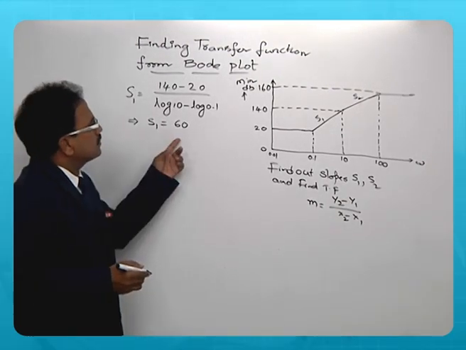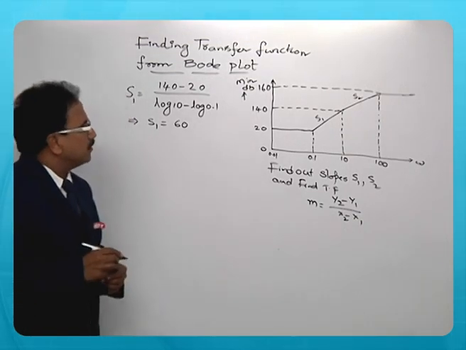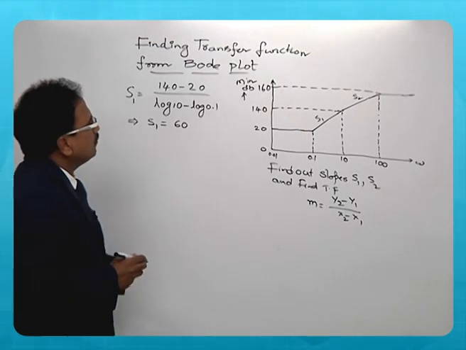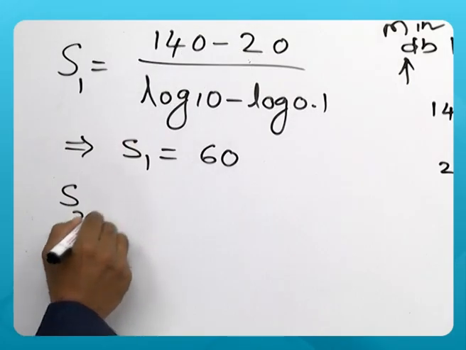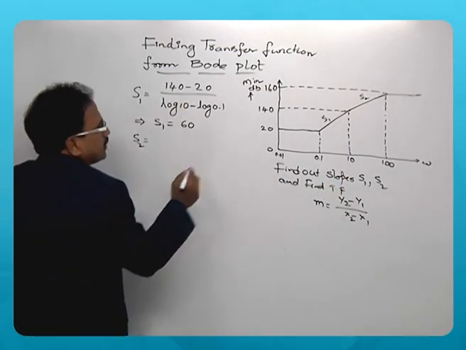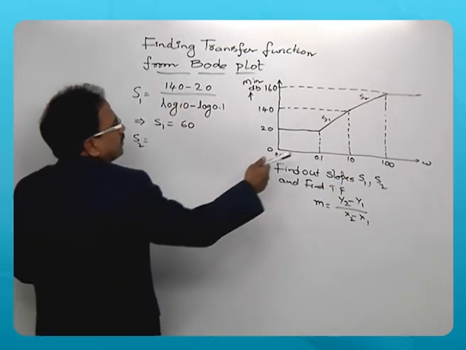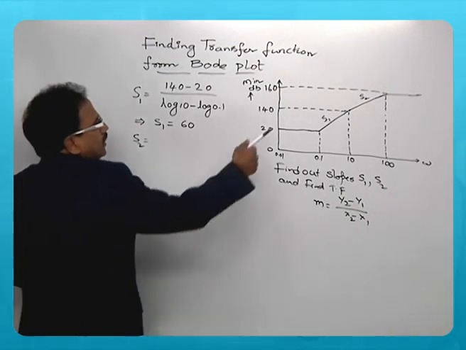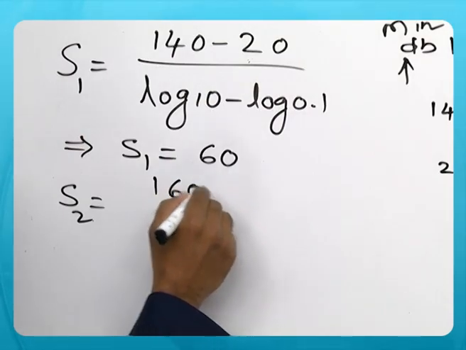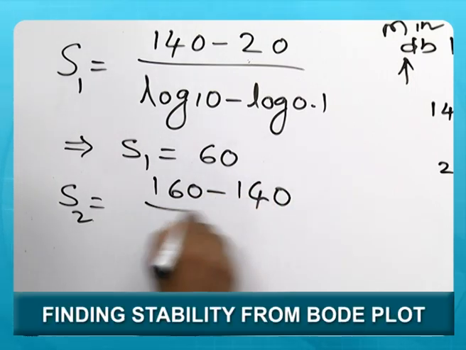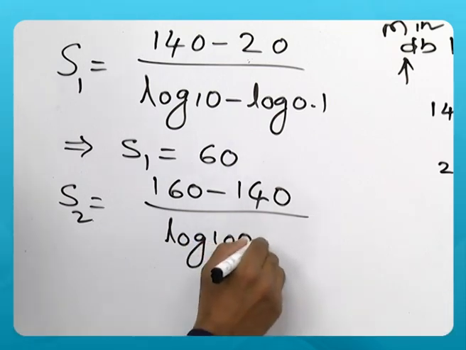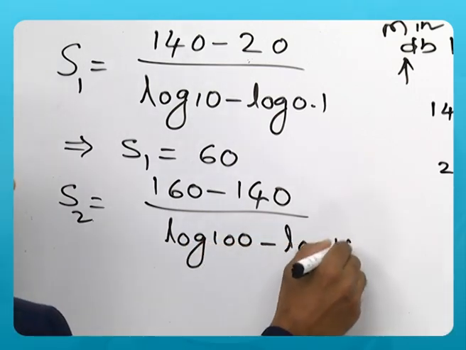So S1 is determined using this mathematical formula for slope. Similarly, S2 can be determined. S2 is the slope that changes at the corner frequency 10. So this is again 160 minus 140, the y coordinates for this S2, divided by log 100, that is x2, minus log 10.